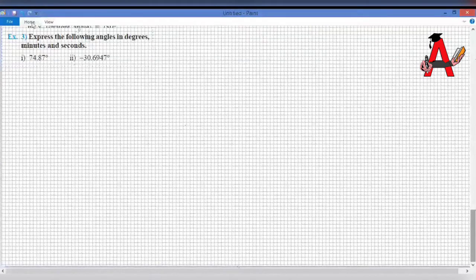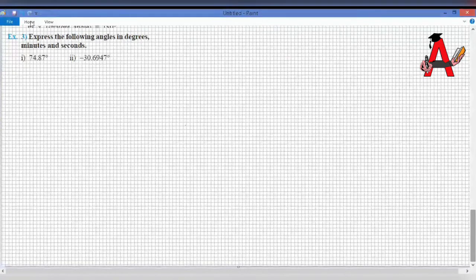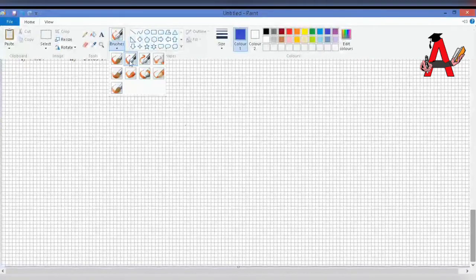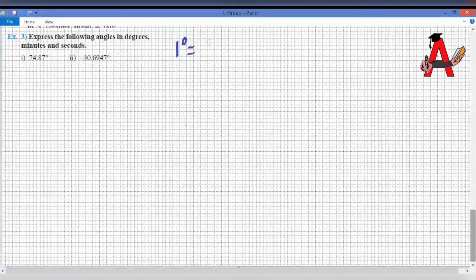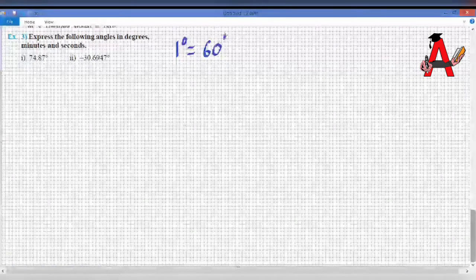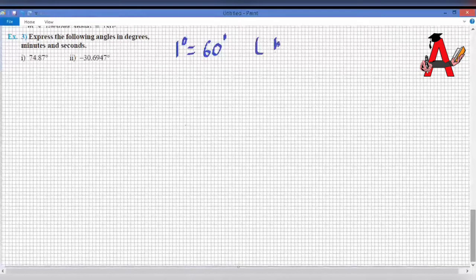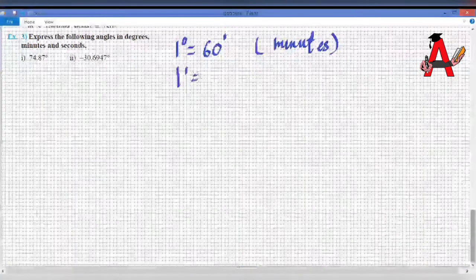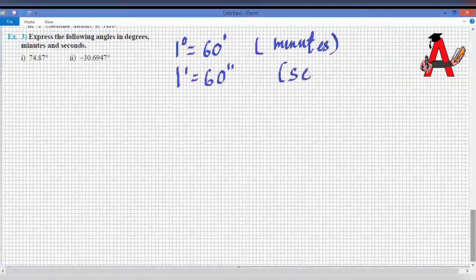In this last part, we will study about this. We have to remember that 1 degree can be converted into 60 minutes. It's written like this: 1 degree is 60 minutes, marked with a single dash, called minutes. Then 1 minute is equal to 60 seconds, marked with a double dash, called seconds.